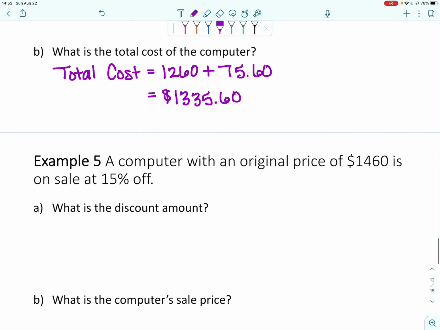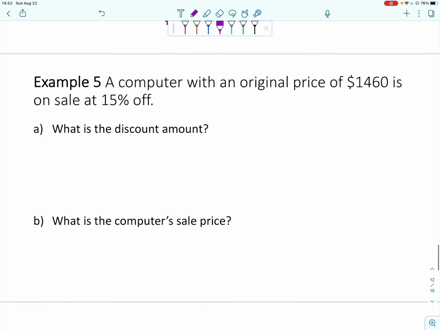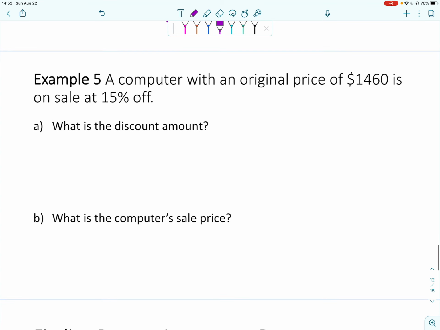By comparison now, we go to a different store that has a computer with an original price of $1,460, but it's on sale for 15% off. So what is the discount amount? And then what is the sale price of the computer? So the price of the computer is $1,460.